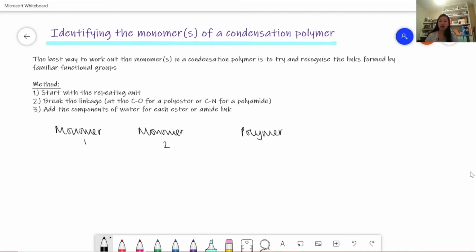So if we have a dicarboxylic acid, so we have HOCO, and let's just call this A. A can be anything. And then the second monomer is a diol. So we have this. I'll call this B instead. So this is a diol, and this is a dicarboxylic acid.